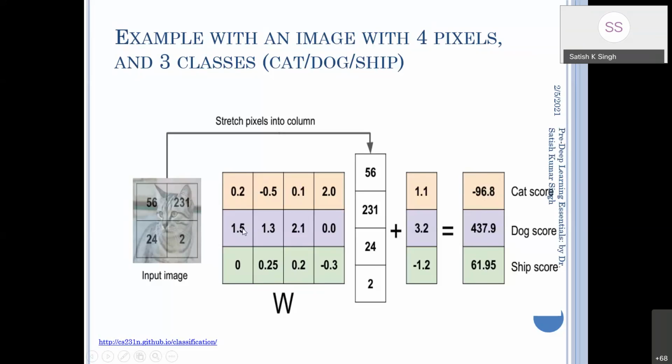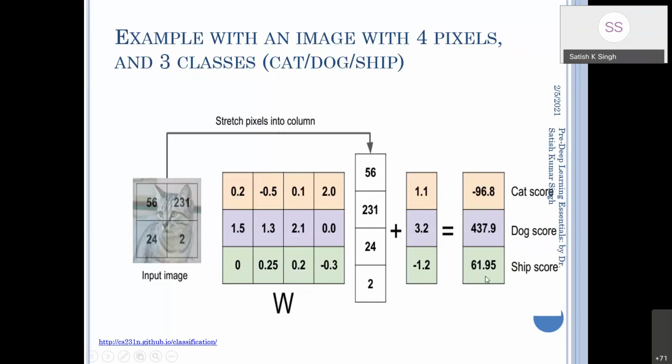But initially we selected random W. We passed some cat by choosing some proper values of the bias, and then we got these scores. Certainly, this is not a cat as per the scores obtained.